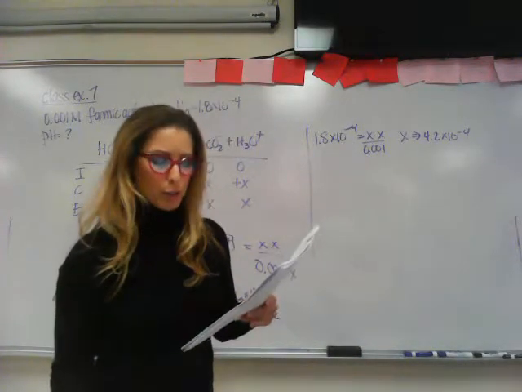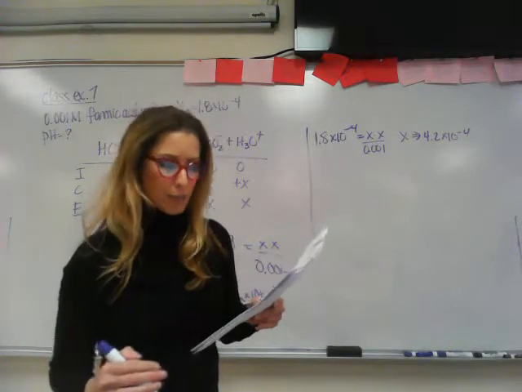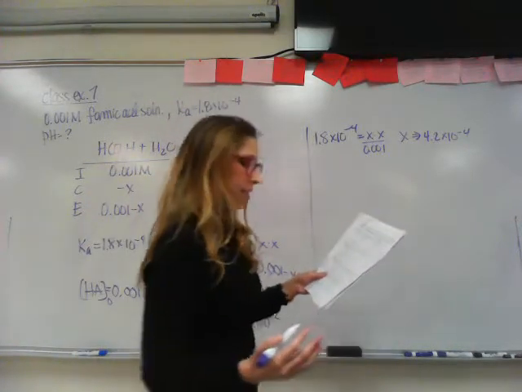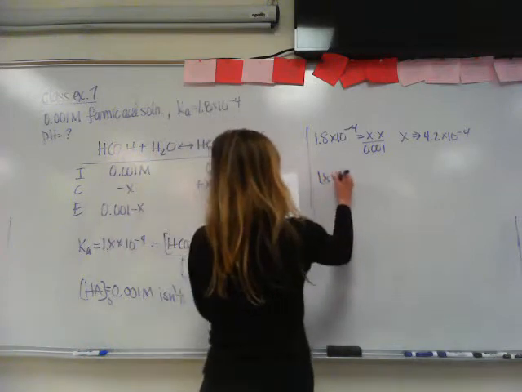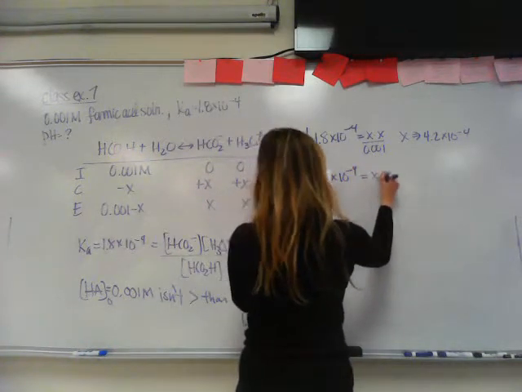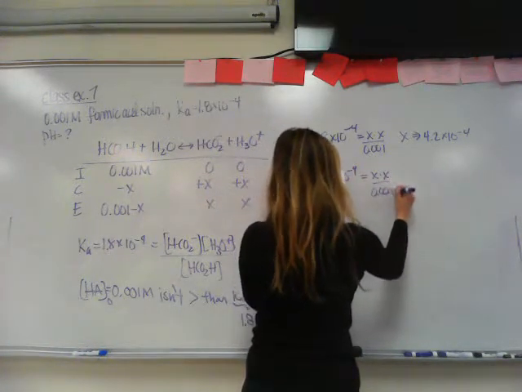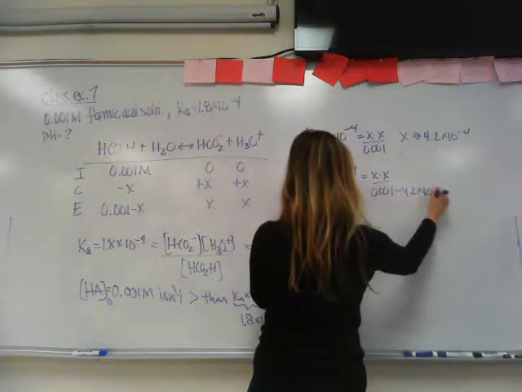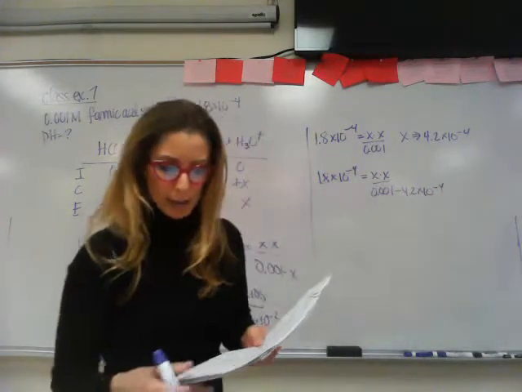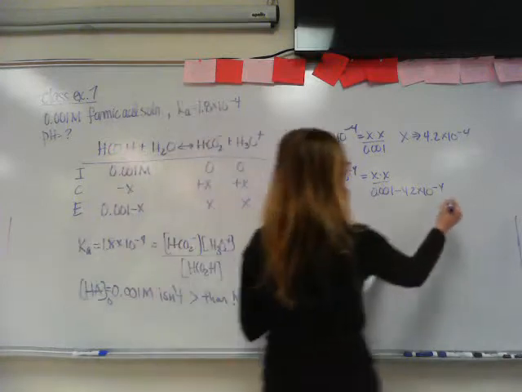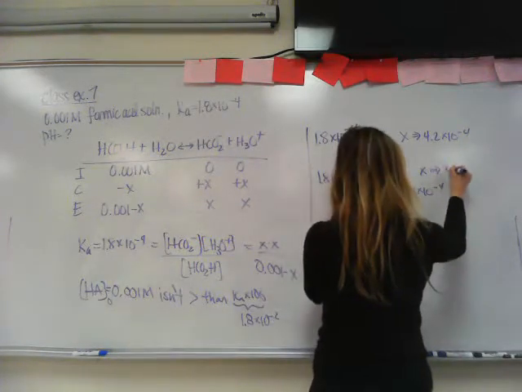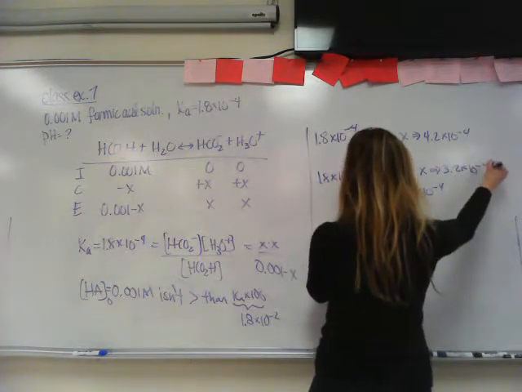If you put that value into the expression for x in the denominator of the exact expression, you're going to get a new expression, and now you solve for x again. And when you solve for x again, you're going to find that x is 3.2 times 10 to the negative 4.